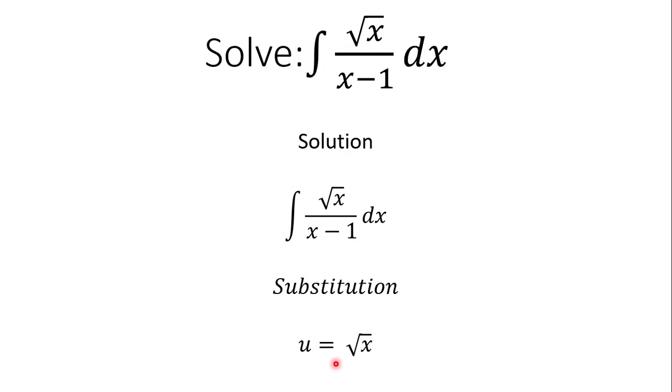Okay, so let's continue. Like I said, let's square both sides. When you square both sides, you're going to get u squared is equal to x. Now let's differentiate. You can see that this one is easier than the first one, because this one looks familiar to us.